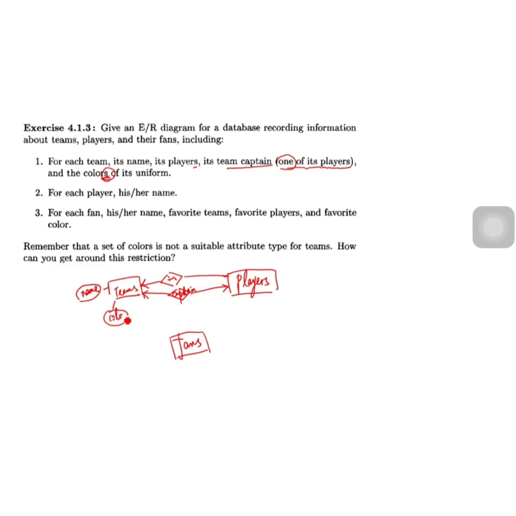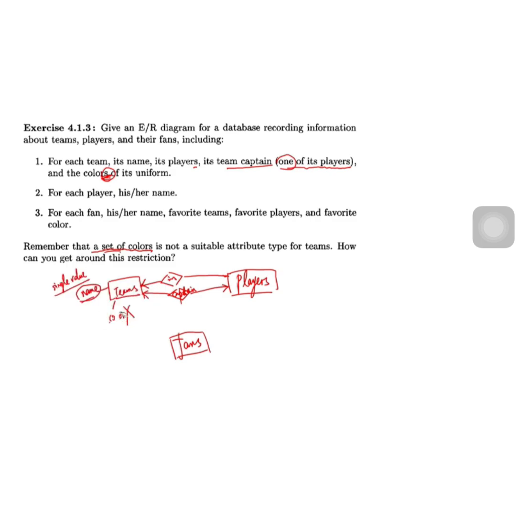If we write like this, it's wrong, because for an entity set, an attribute must be a single value. Because it's colors, it's a set of colors. We cannot record attributes like this set. So we choose another way to present color.